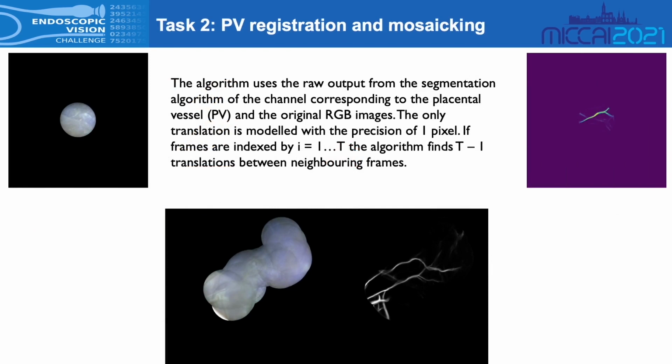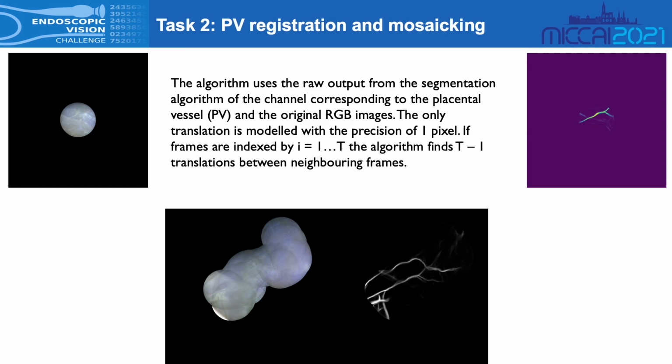For placental vessel registration and RGB frame registration for mosaicking, we propose an algorithm that uses the raw output from the segmentation algorithm of the channel corresponding to the placental vessel and the original RGB images. Only translation is modeled, with a precision of 1 pixel.